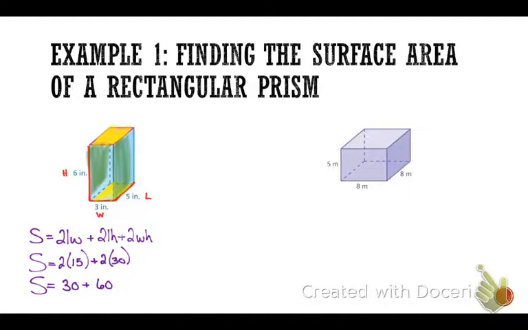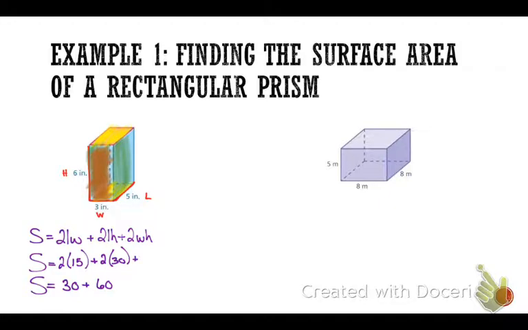So that's 60. Now I'm going to do 2 times the width times the height, which is this front face right here. The width times the height. So what's 3 times 6? 18.